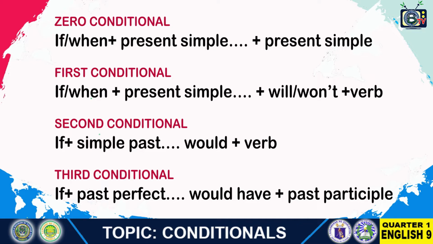The sentence formation of the first conditional is this: if or when plus present simple plus will or won't plus verb. Next is the second conditional, which follows this pattern: if plus simple past, would plus verb. And lastly, the third conditional with this pattern: if plus past perfect, would have plus past participle.